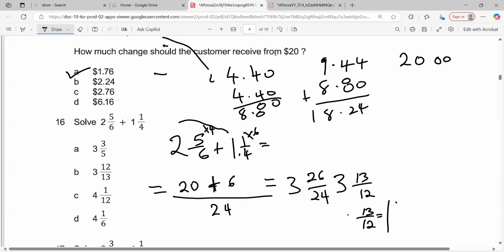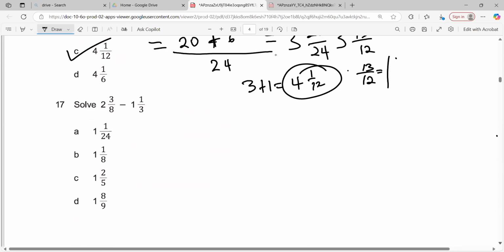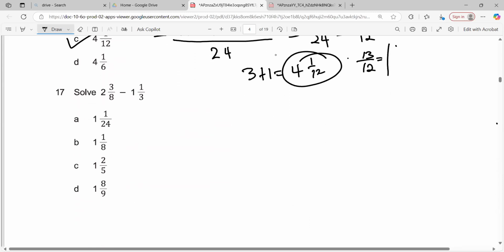And now the new answer will be 4 and 1/12. All right. I agree. Next up, solve 2 1/3 minus 1 1/4.